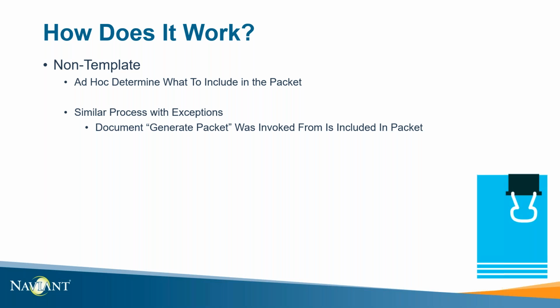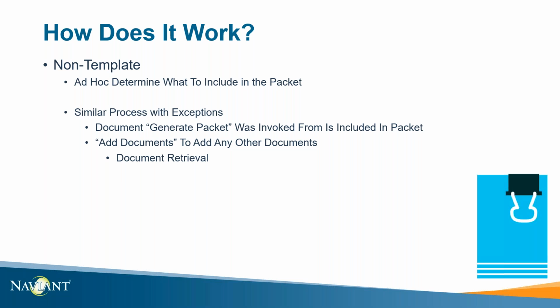The document that we invoked the generate packet from is going to be included inside of that particular packet. Because again, there's no template. We have to start with something, and it's going to go ahead and just take that source document and include it within the packet. The user then has the ability to add those documents like we saw within the template, but that's going to be document retrieval.